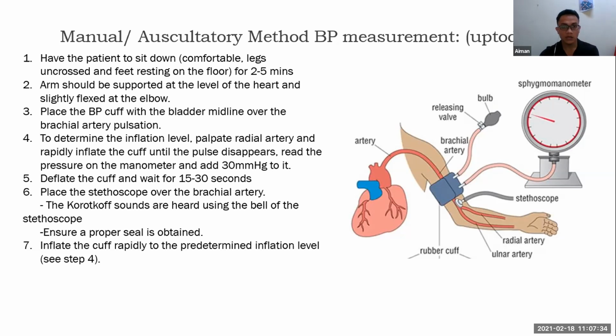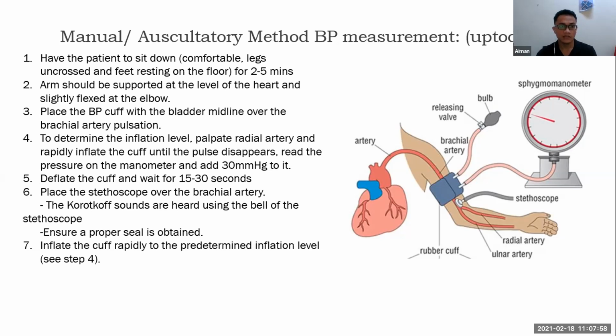And also the position of the arm should be at the level of the heart. So for example, we put the patient's hand onto the table, which is stated in the second procedure: the arm should be supported at the level of the heart, and slightly flexed at the elbow.